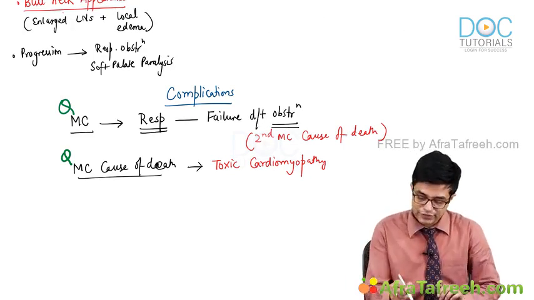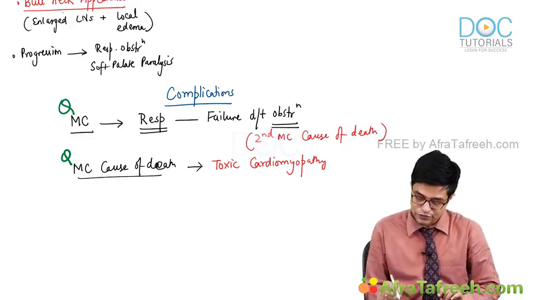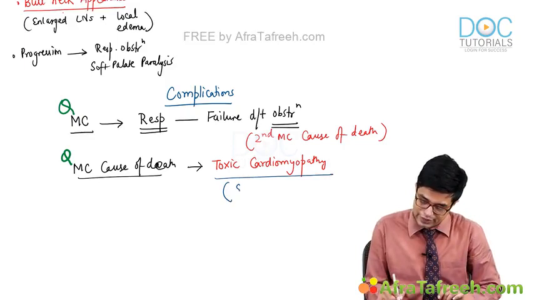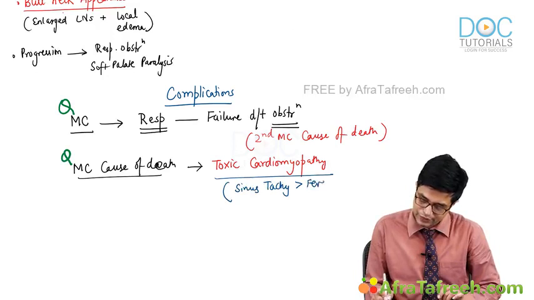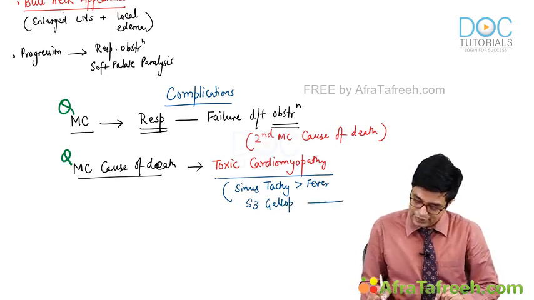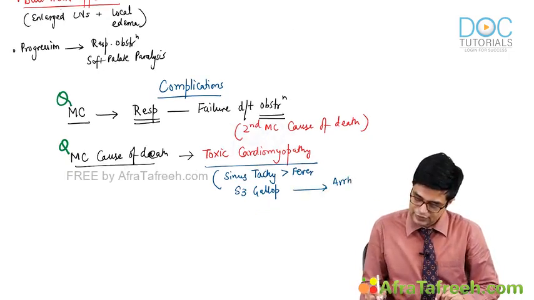When would you suspect there is toxic cardiomyopathy? These children will have sinus tachycardia out of proportion to the grade of fever. They will also have an S3 gallop rhythm and they may develop arrhythmias which can lead to sudden death.